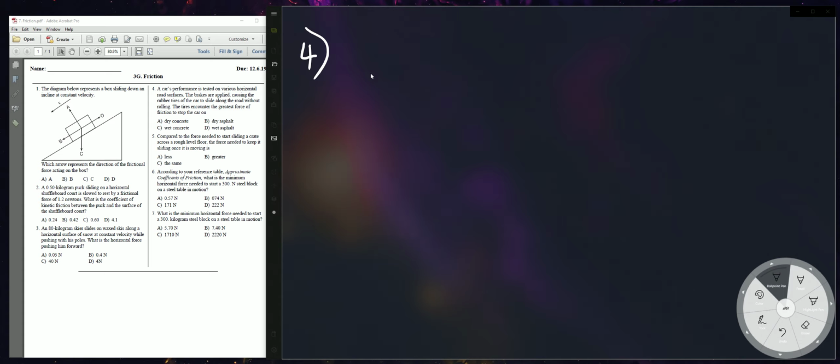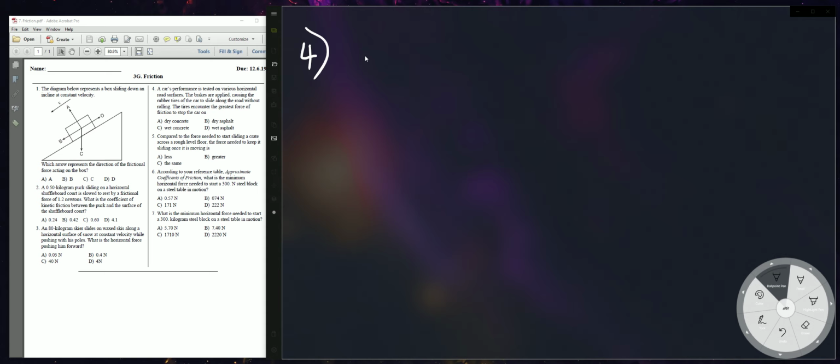Well, if you look on the first page, bottom right, approximate coefficients of friction, you'll see all these coefficients of friction. So the higher your number, the greater the friction will be. The closer to 1 you are, the more friction you will encounter. So all you're doing here is looking for which gives you the highest number.